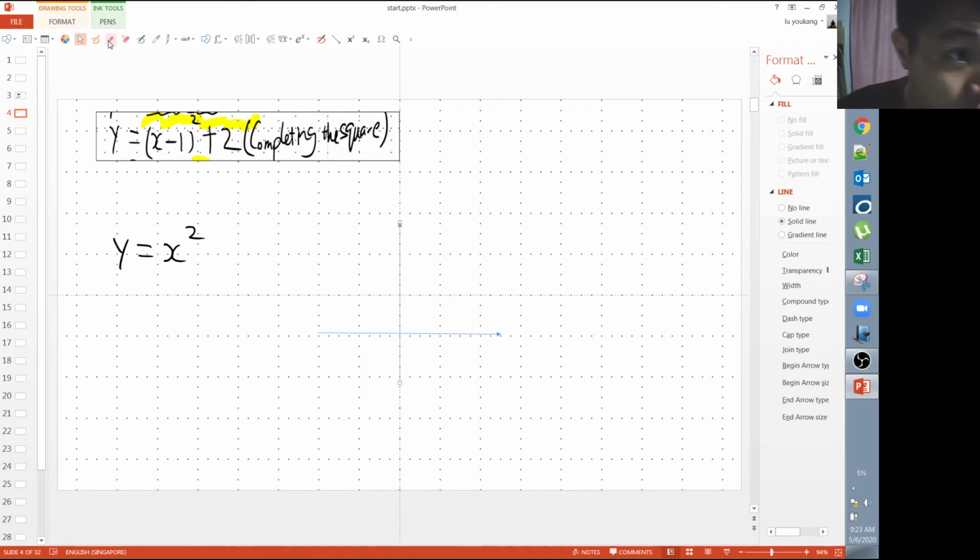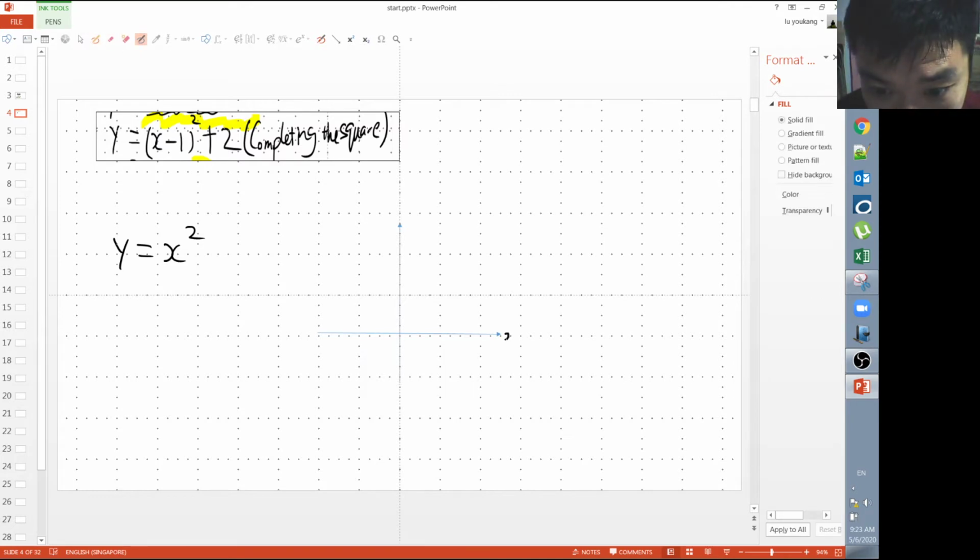Over here is your x axis and this is your y axis. Now you need to draw the curve for y is equal to x squared. Let me label the x and y axis.